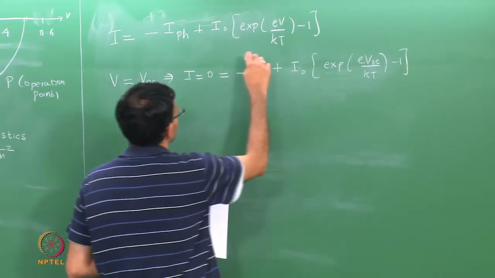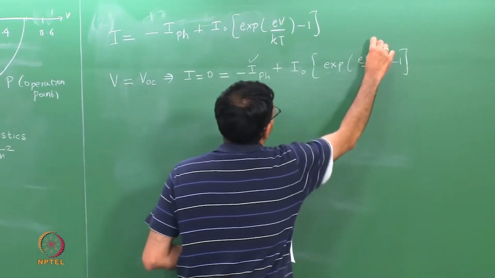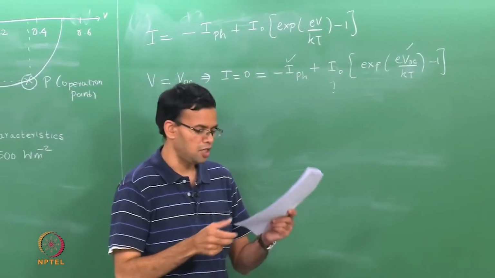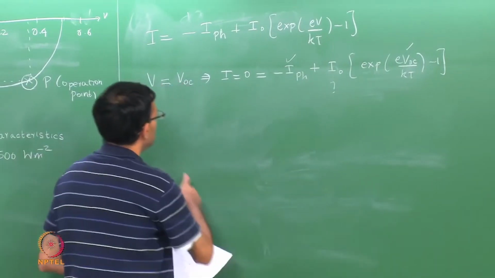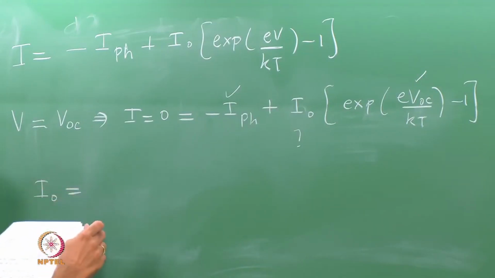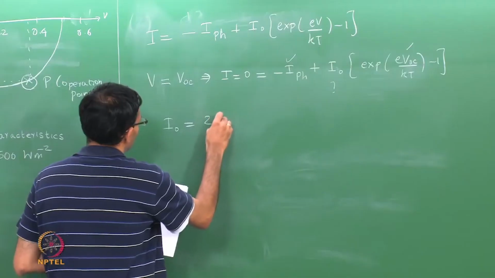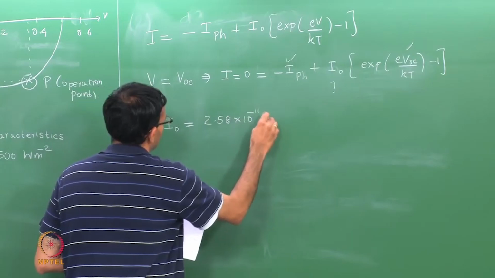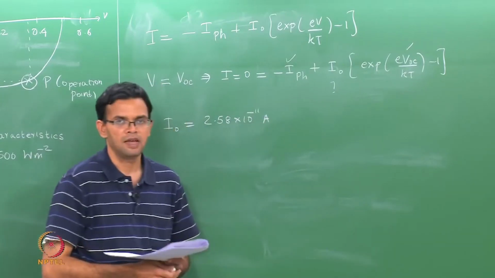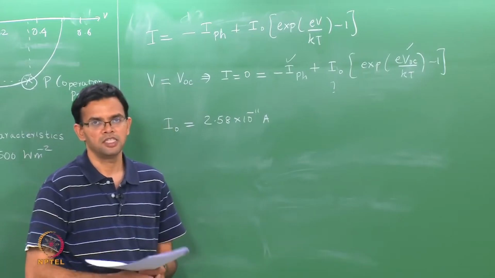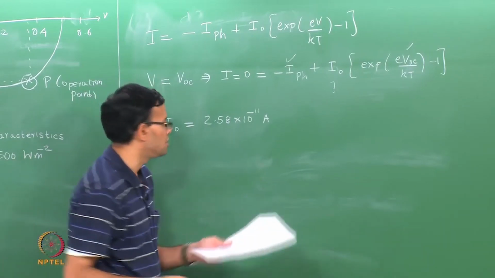So, in this IPH is known, VOC is known, the only unknown is essentially I naught. So, we can make the substitutions, and I naught is calculated to be 2.58 times 10 to the minus 11 amperes. So, this represents the reverse saturation current in the system.